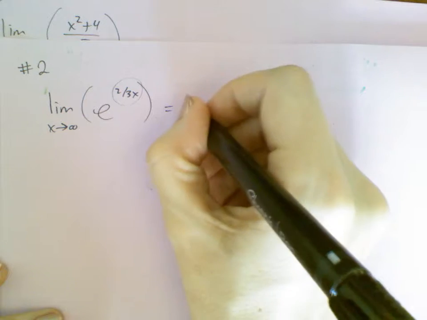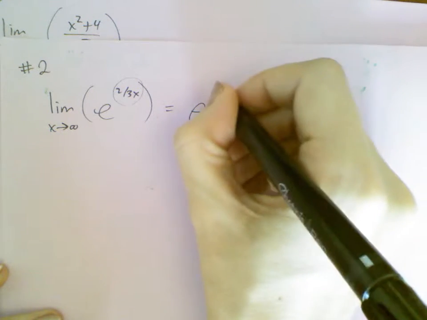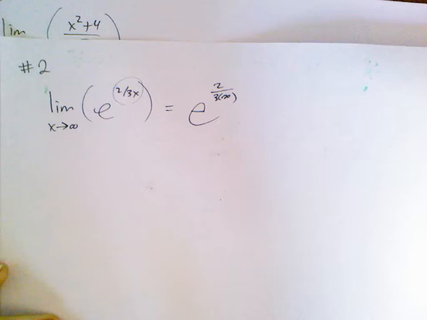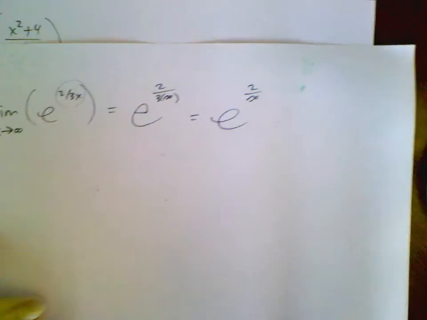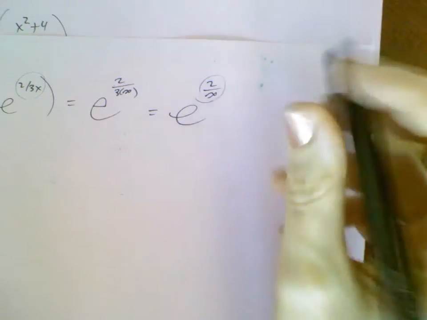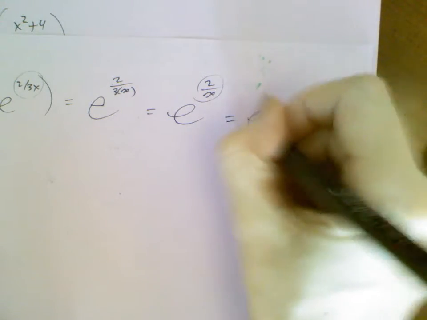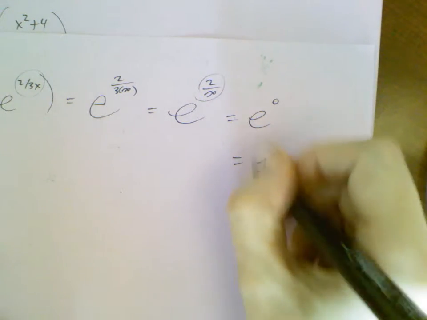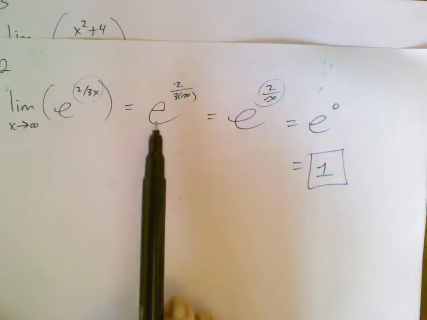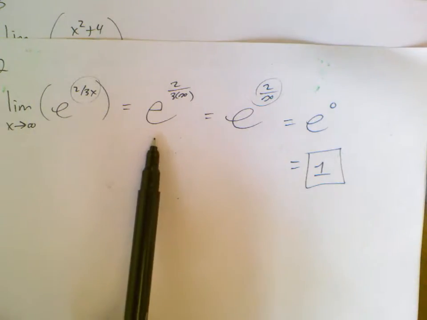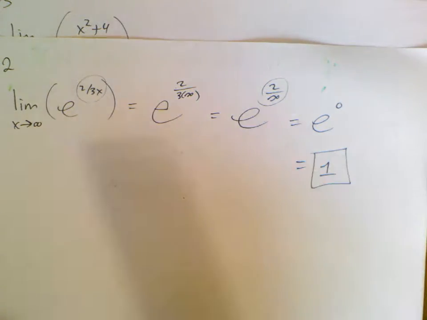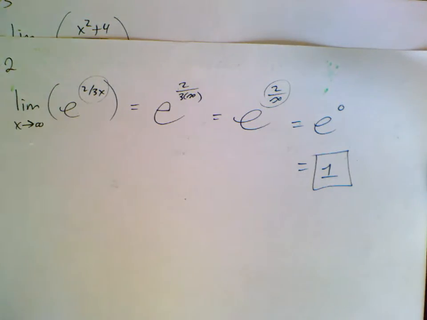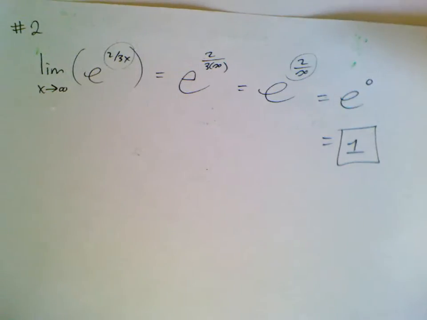So this is equal to e to the 2 over 3 times infinity, which is e to the 2 over infinity. 2 over infinity, guys, that's just 0. So this is e to the 0. This is 1. There's no need to show all of these steps. You could even go right from here to e to the 0 and then to 1. That would be totally fine.